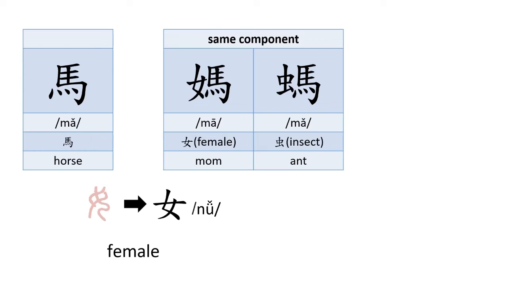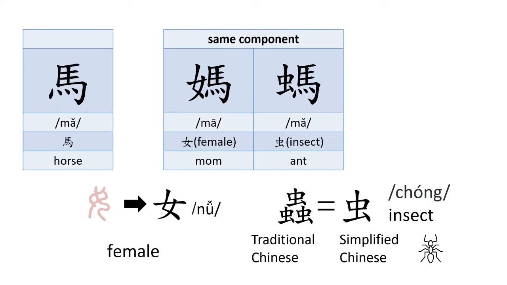马 is the third tone, so it's pronounced 马. Its radical is 虫, which means insect. In traditional Chinese, it's an action character, but in simplified Chinese, it's a character that means insect.